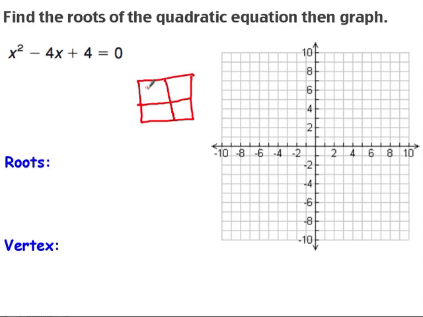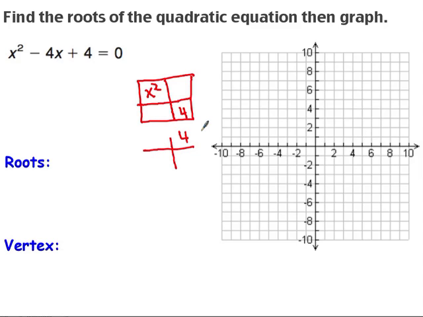Now we said the first term goes here, and then the last term goes in the last square. And for here we're looking for the two numbers. When we multiply, we get 4, and then combining those two numbers, we need to get -4.